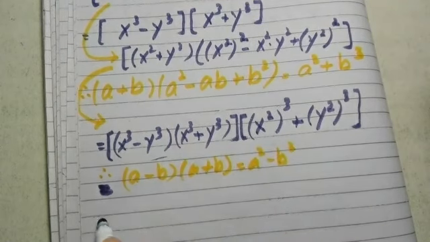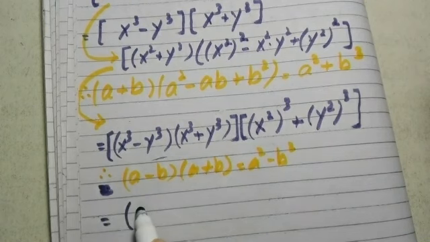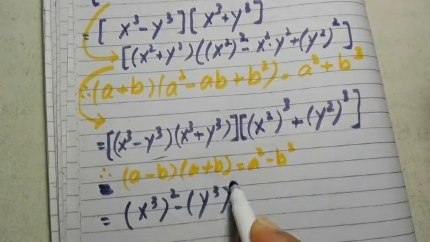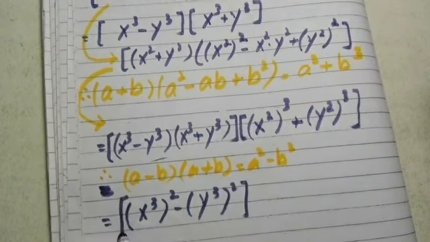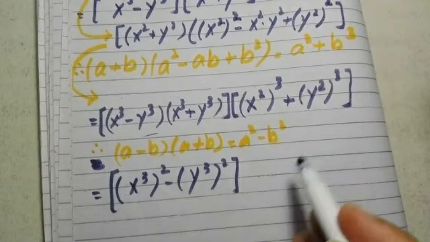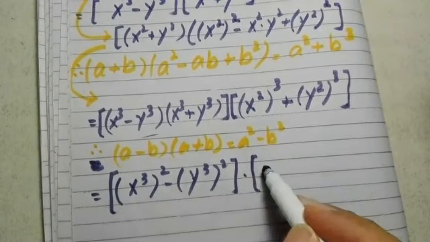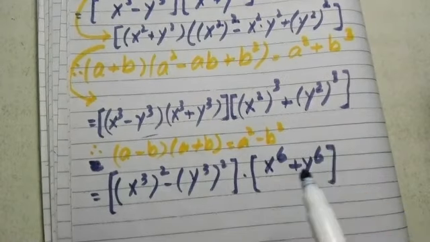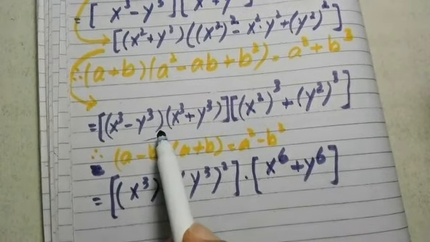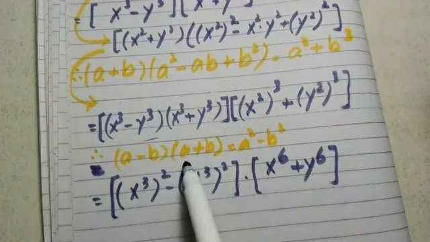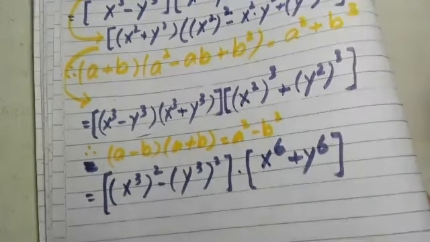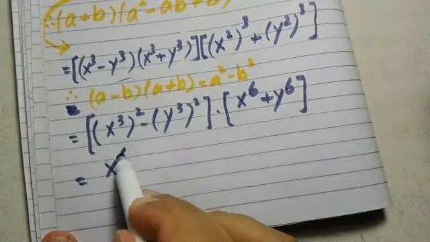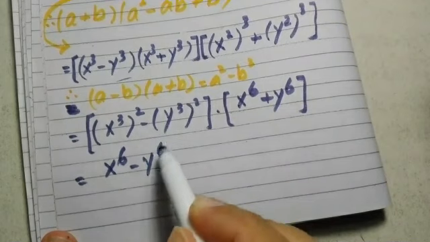So you will write it here: first term square, second term square, and the next bracket will generate x⁶ + y⁶. So the first two terms are multiplied together with the formula of difference of squares, giving x⁶ − y⁶ in the next bracket.